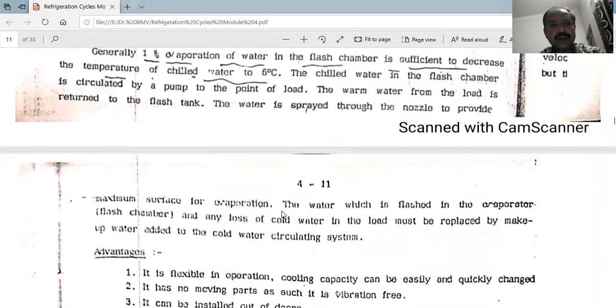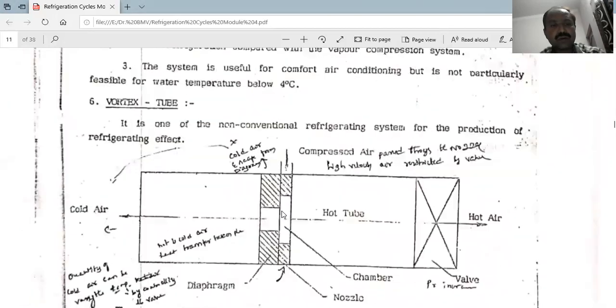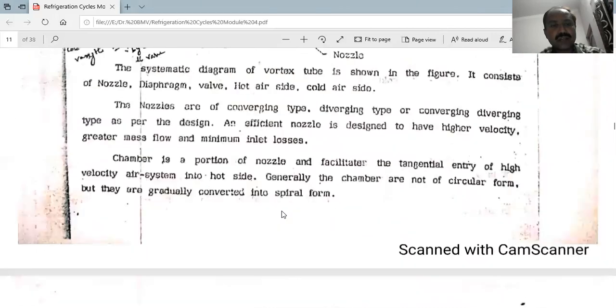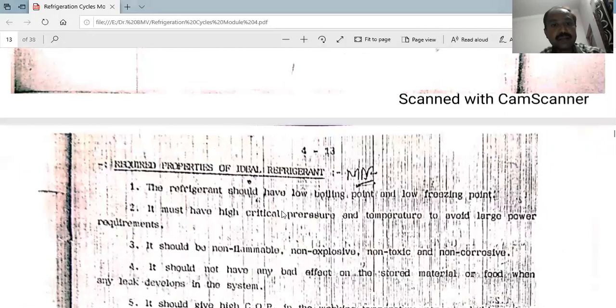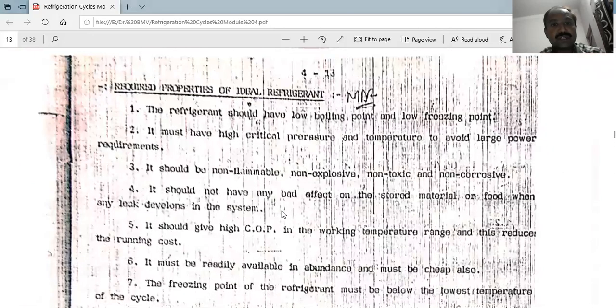Then one more topic is there, the last bit. What are the properties of a refrigerant? An ideal refrigerant should have a low boiling point and low freezing point. It should be non-inflammable, non-explosive, non-toxic, and non-corrosive.